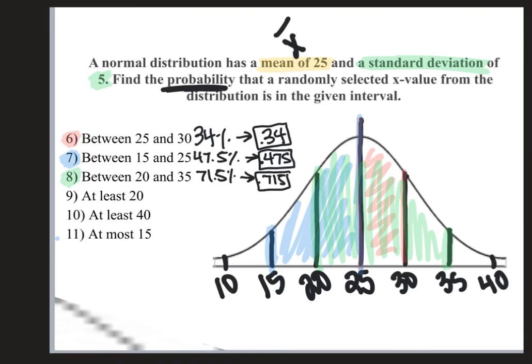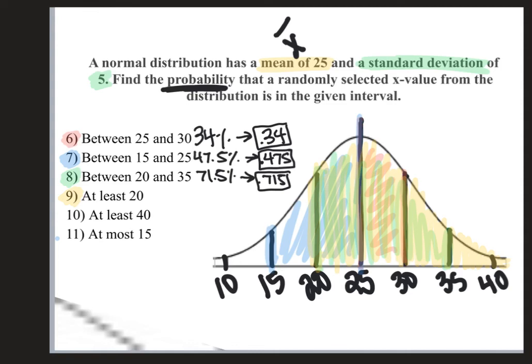Okay. All right, the next one is going to be yellow. All right, so at least 20. So remember, at least means 20 or more than. So 20, and then to the right. Now, a couple ways to solve this, okay? You have 20, and to the right, shaded. You could take 50%, which is half of the curve, and add 34, okay?